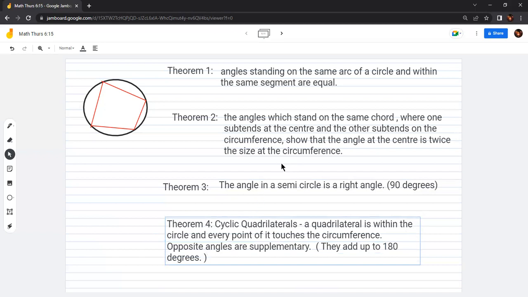Right, so your opposite angles must add up to 180 degrees. So that means that, let's say I have these angles of this quadrilateral. It means that your opposite angles must add up to 180.